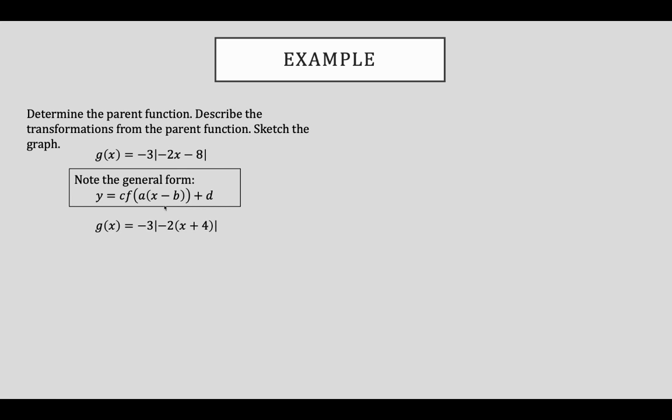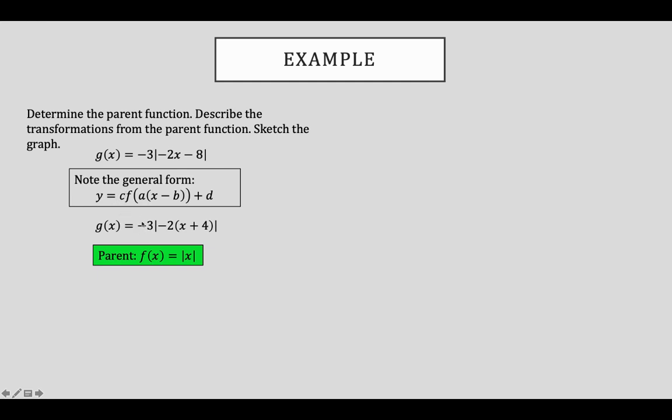So what type of function are we dealing with? Well, it's an absolute value function. f of x is equal to the absolute value of x. What is different here from our parent function? Well, right off the bat, notice we have this negative. The constant multiple c that is in front of the parent function is negative.